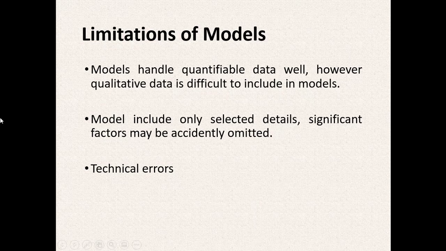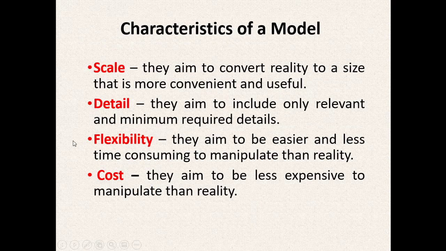And also models include only selected details. I told you when it comes to detail, when we are developing the model, we are supposed to take only the relevant and minimum information, right? When you are doing so, you need to apply your judgment. By applying your judgment, you are deciding what is the relevant information and what is the minimum information.